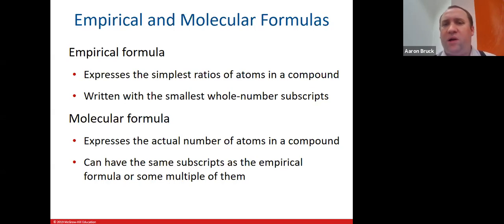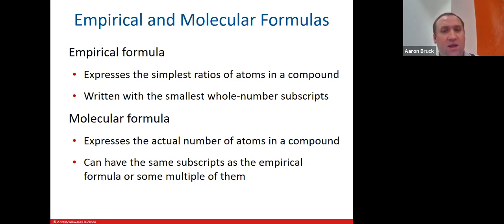In short, empirical formulas are the simplest whole number ratio of one atom to another in a compound, and they're always written with whole number subscripts, 1, 2, 3, 4, 5, and so on. This is different from the molecular formula because molecular formulas don't necessarily care what the simple ratio is. They want you to know how many atoms of each kind are in the compound itself.